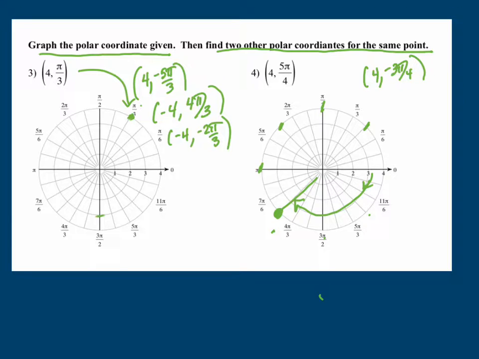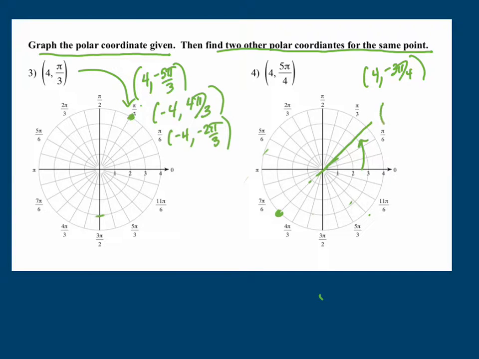Okay, now let's use our negative r. Graph that point again. 5 pi over 4 was right here. And if I want to go backwards, I just go across here to find this one, and it's pi over 4.